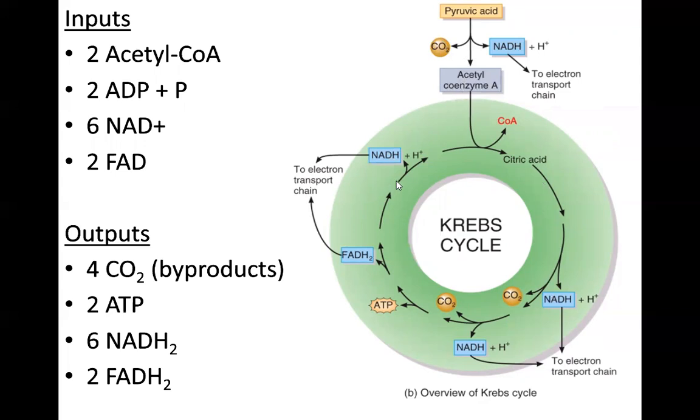What's not shown here, in a pretty simplified version of the actual picture, is a 4-carbon molecule that combines with the 2-carbon molecule found in acetyl-CoA. 2 plus 4 is 6. The CoA that was attached to the acetyl-CoA is removed, and what we're left with is a 6-carbon molecule called citric acid. So this is where the term citric acid cycle comes from, okay?